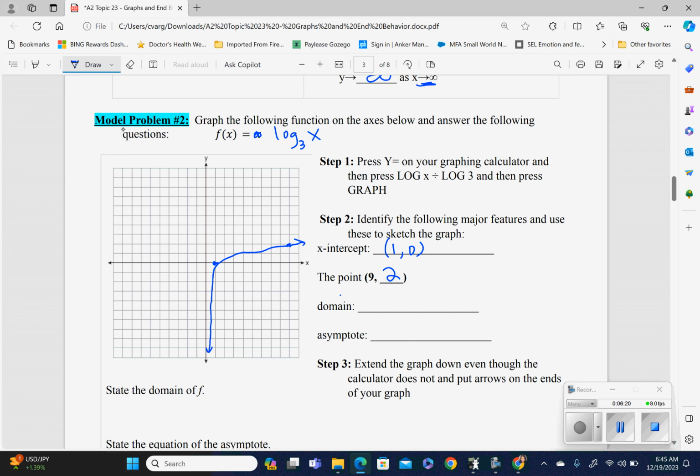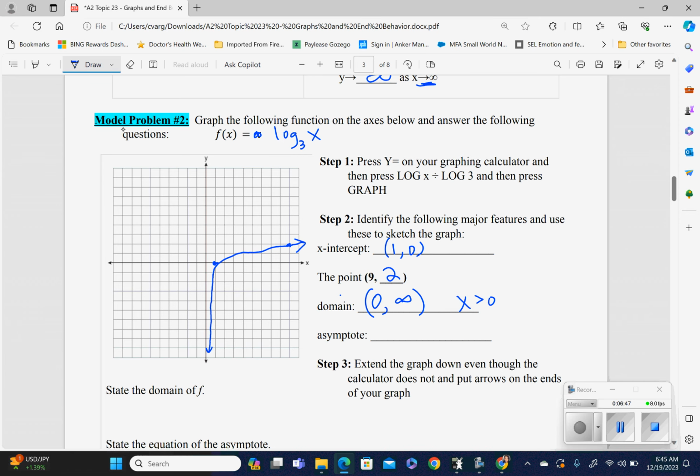So you need to say that the domain is from 0 to the right. You could say from 0 to infinity is going to be the domain, and it doesn't ever touch infinity, so it's going to be parentheses, and at 0 it doesn't touch it either, so it's also going to be parentheses. Another way to say it is x is greater than 0 for the domain.